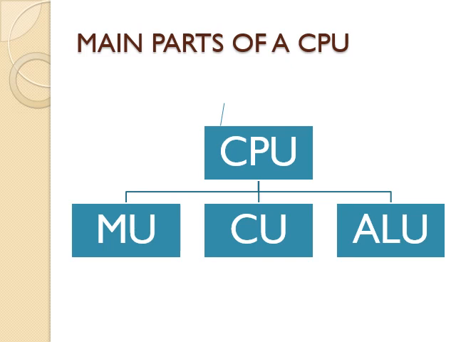That means the input that we give to the computer is first stored in the MU. Then it is passed to the CU or ALU. CU controls and manages the working of all the parts of the computer. It is like a policeman who sees and controls the working of all the parts of the computer.